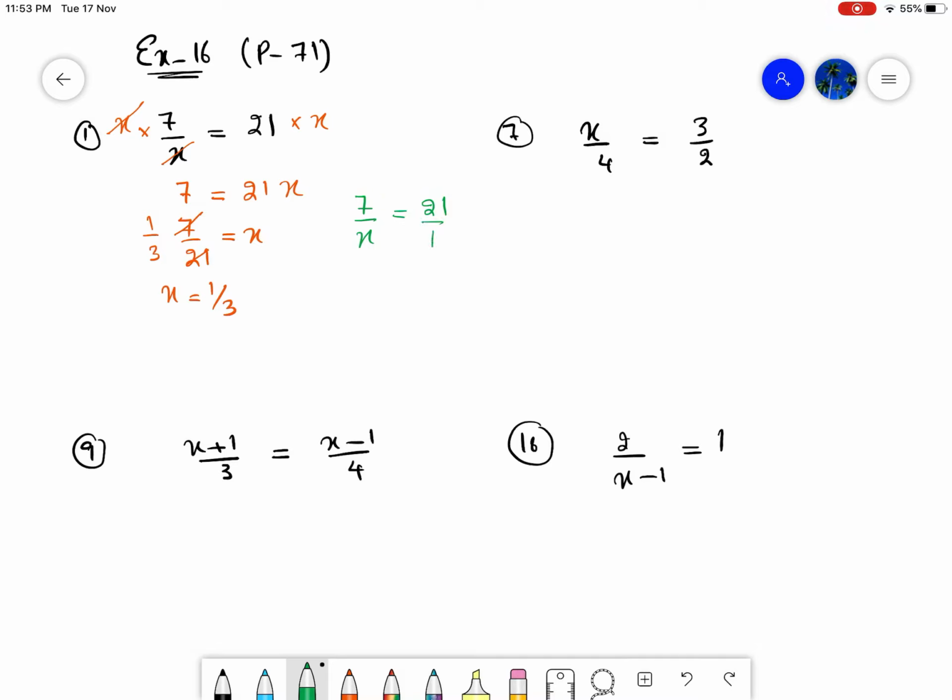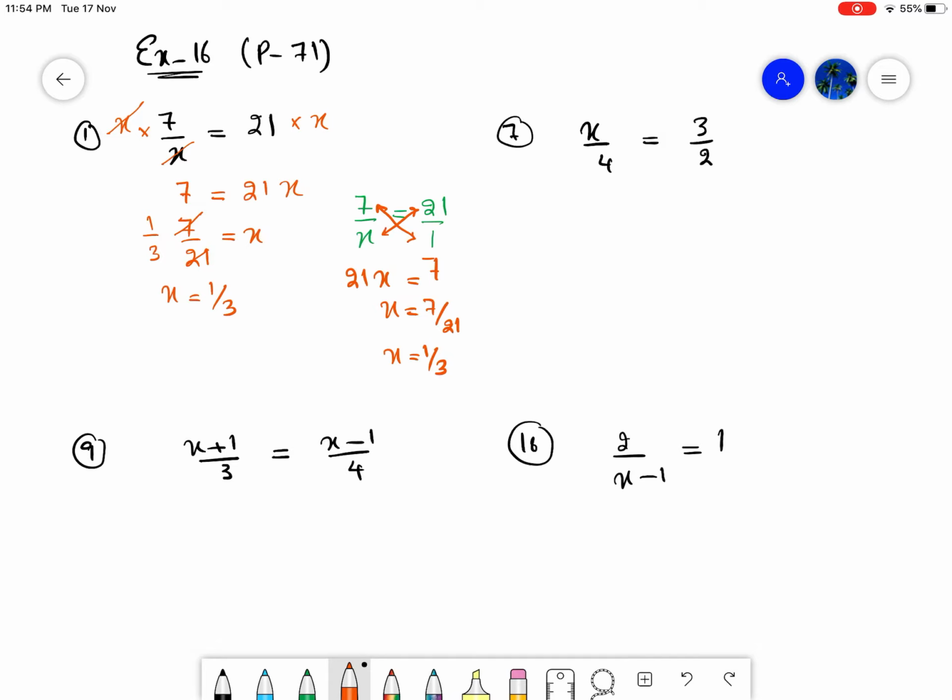So 21 can be written as 21 over 1, and now multiply in cross. It will give you x multiplied by 21, which is 21x, and 7 times 1 is 7. So x is equal to 7 over 21, which is again 1 over 3. So you can opt for whichever approach you want to use.